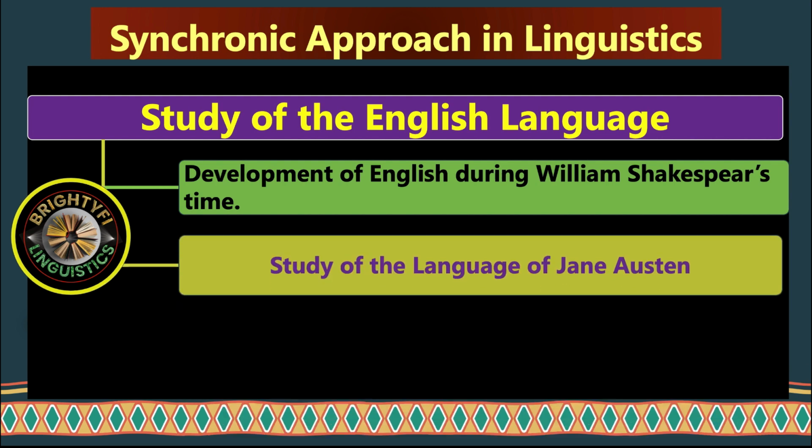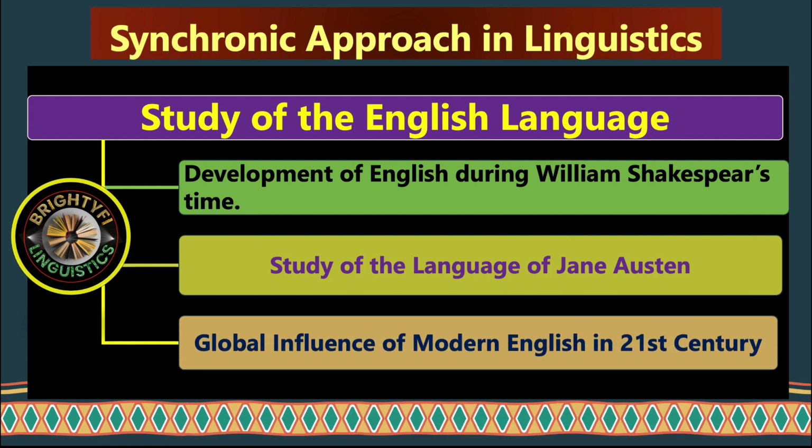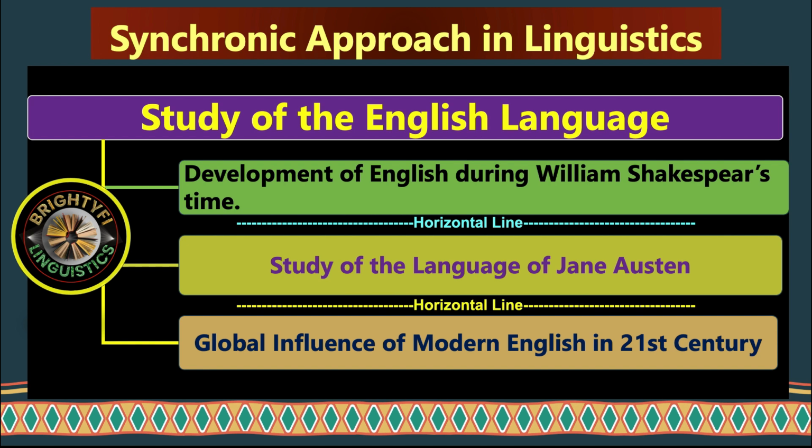Likewise, a study of the language of Jane Austen at one particular time, the time in which Jane Austen lived and wrote. Likewise, the global influence of modern English in the 21st century. What we mean to say is that you have to study horizontally at one particular time, existing as a state frozen in time. In the synchronic approach, we study something horizontally.